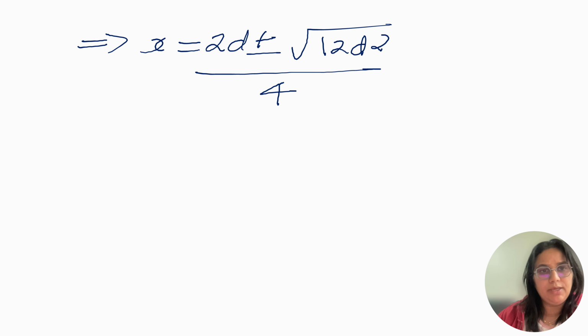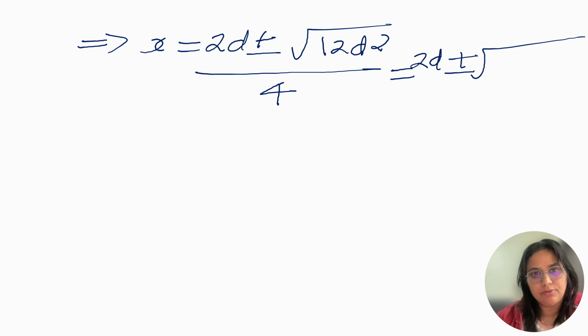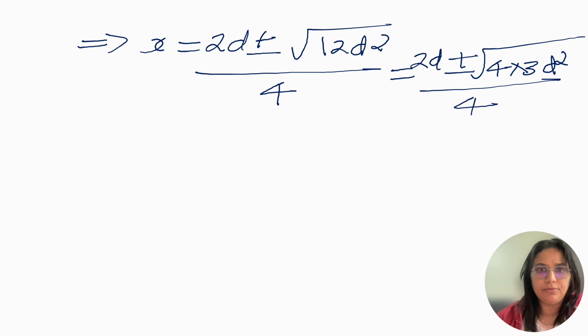Solving, you get 2d plus or minus square root of 12d square divided by 4. So I can write this as 2d plus or minus root of 4 into 3d square divided by 4. I can take the 4 outside the square root, so root of 4 is 2.